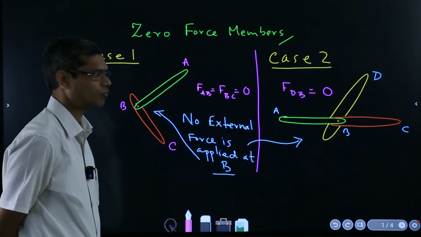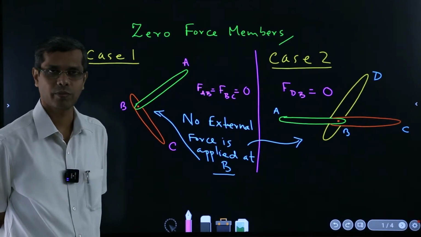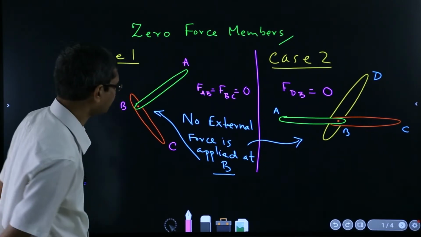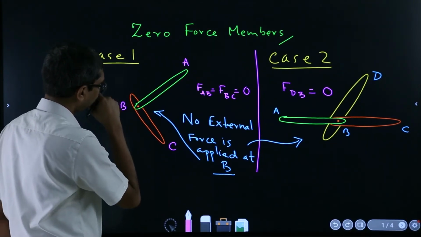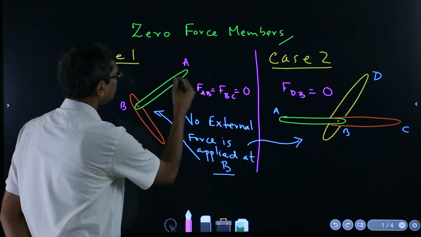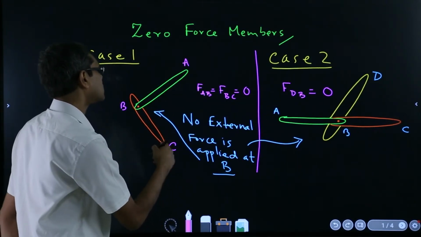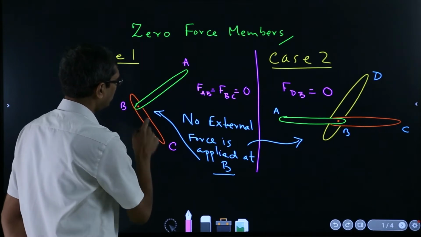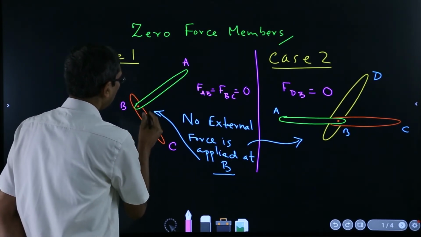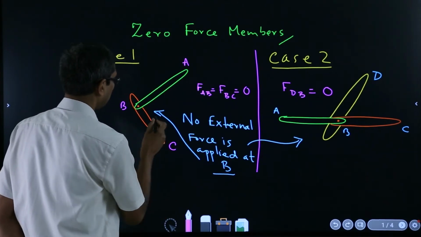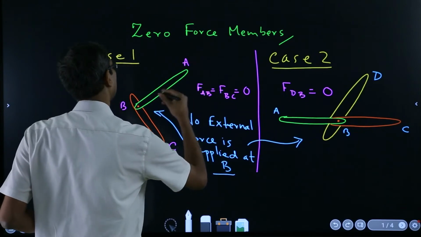Now why so? These are the two cases in which you will get zero force members, but why so? The reason is very simple to see. Suppose this condition is not valid and there is some force in one of the members, then if you resolve the forces, let me show the forces like that.